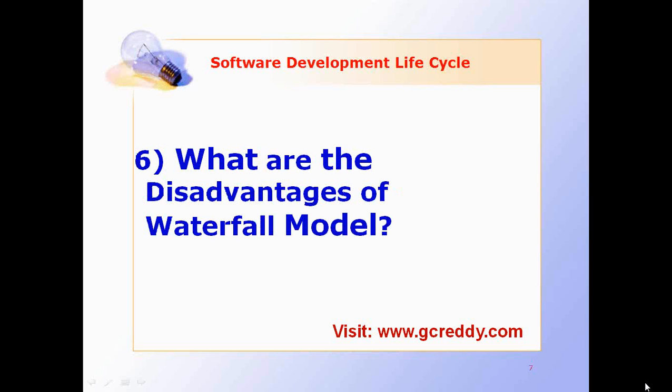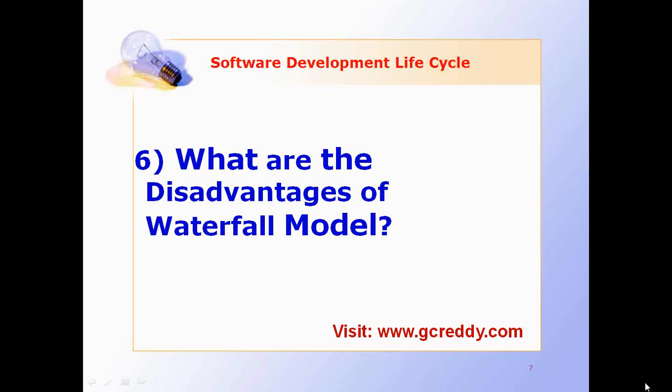Next, what are the disadvantages of waterfall model? Disadvantages of waterfall model. First one, no working software is produced until late during the life cycle. Next, high amount of risk and uncertainty.